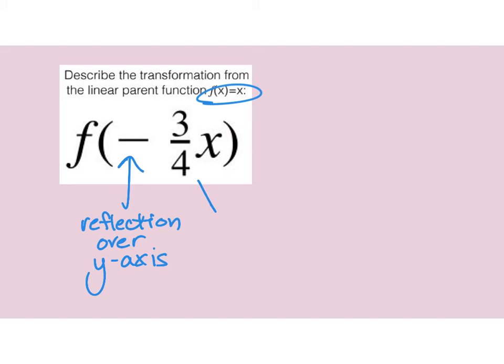All right, now let's look at this 3/4. This is where the tricky part comes in. It's inside, right? Which means it's a horizontal change. Yes, horizontal change. So we're looking at left or right. So we need to decide, is this graph going to be flatter or steeper?